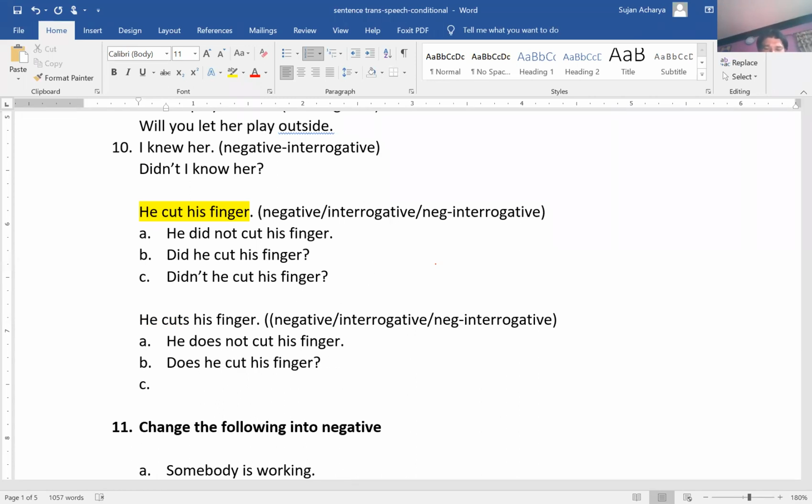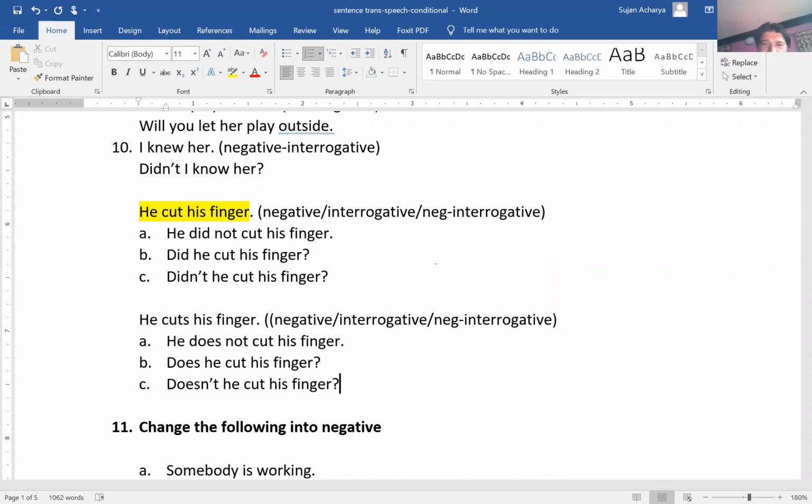And then negative interrogative. That's the difference.